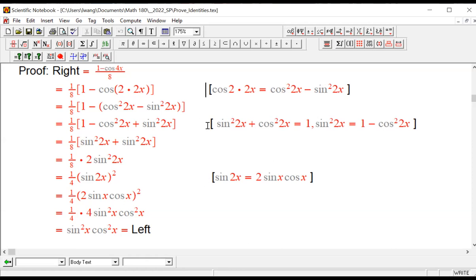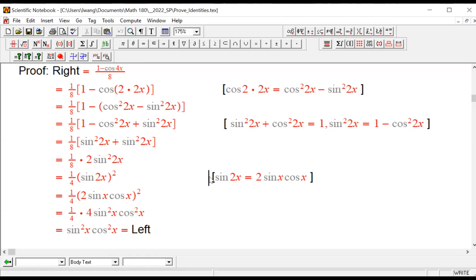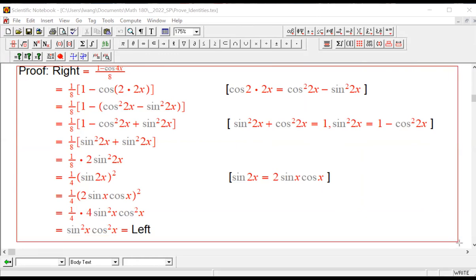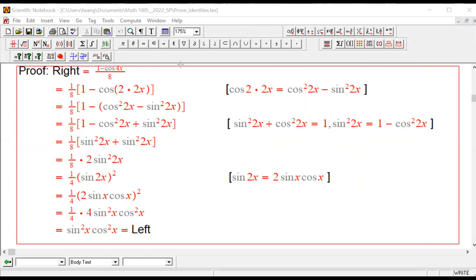Typically, if you write this on a piece of paper or write it electronically, you're going to divide this piece of paper into two pieces.